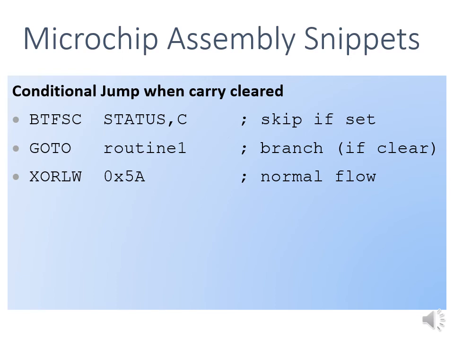So the first instruction is a conditional skip instruction. It skips the second instruction if the bit being tested in the first instruction is set. The bit being tested in the first instruction is the carry flag, and it is located in the status register. You can notice that where we put the file register, we've put in the name of the register that contains the carry flag.